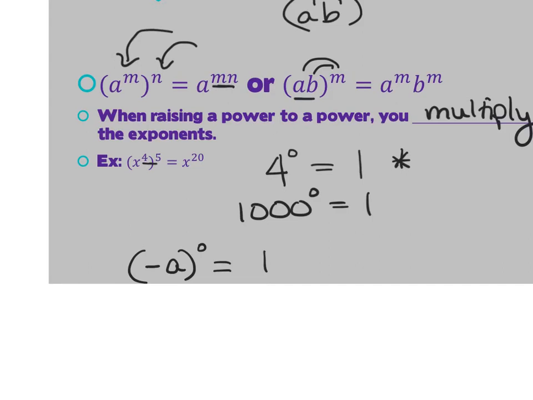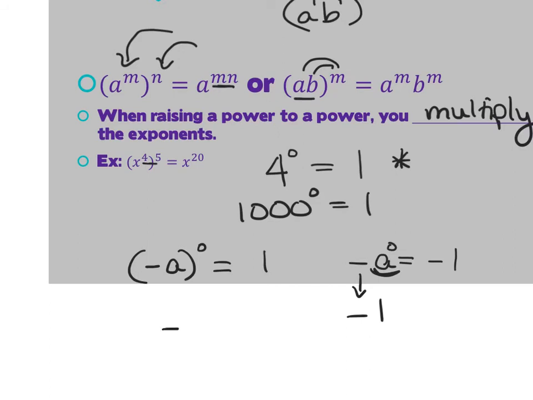If I did not have a parenthesis around that term, then this would end up being a negative 1. Because you can think of the negative sign as falling down because nothing's holding it in, and then a to the 0 power is 1, and that's how it turns into negative 1.